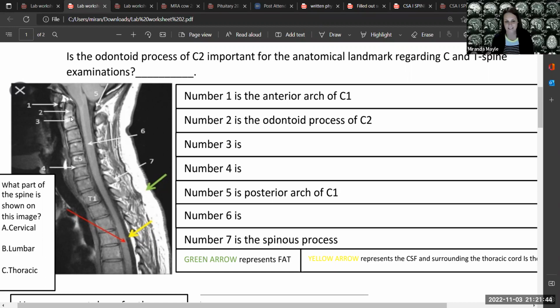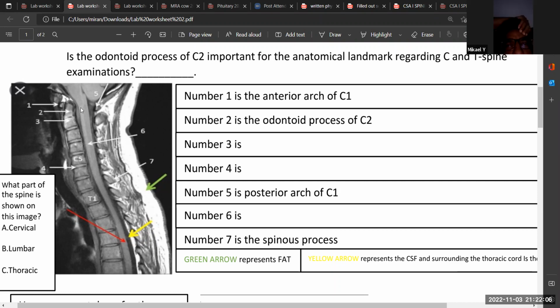You can see just a little bit here of this separation, but this is actually C2, and then the odontoid is extending upward. It's kind of tricky because sometimes you get that little bit of a line you can see, and it looks like it's chopping C2 in half, but it's actually not. Where's C1? We can only see the anterior arch of C1.